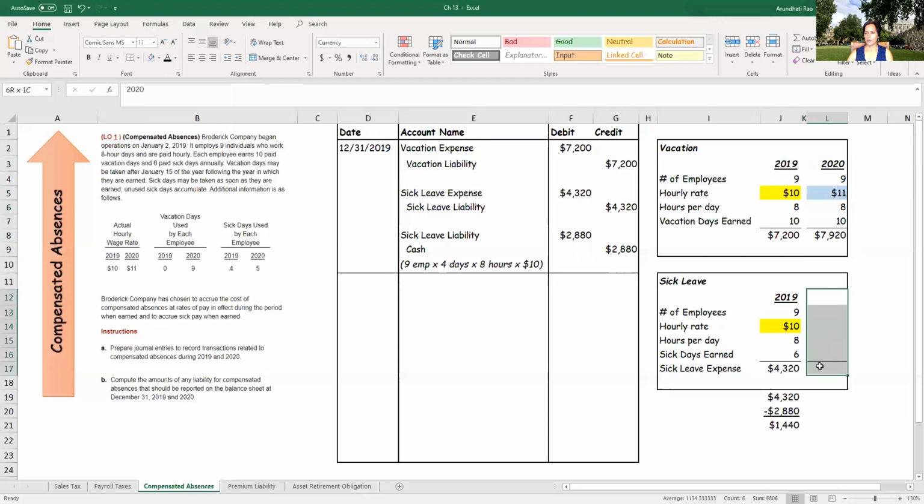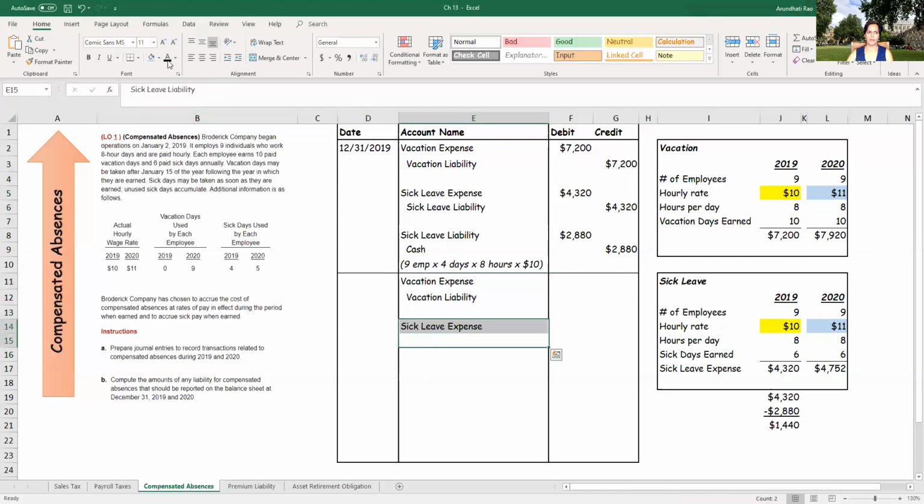When you go through all the calculations, the difference is the $11 per hour. So it's more expensive, obviously. Our journal entry essentially stays the same in terms of the accounts you debit and credit. That part is the same. We've already calculated our amounts, so that one is easy.